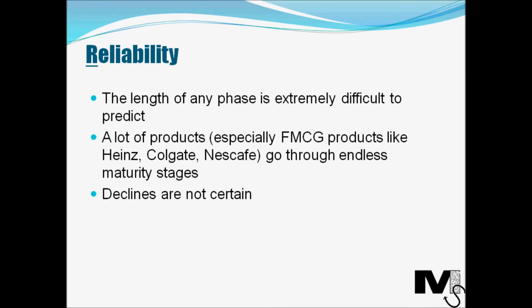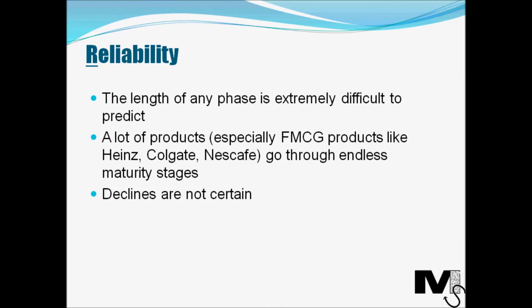A lot of FMCG products seem to have a continual maturity stage, because the demand for them is just continual. They're everyday essential products, so they're definitely not going to be getting phased out anytime soon. It doesn't seem like it. So they basically go through an endless maturity phase.